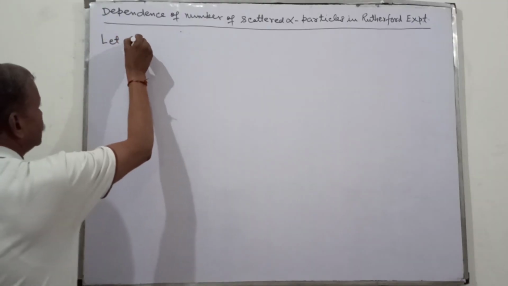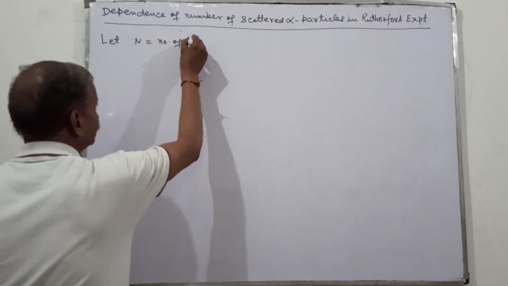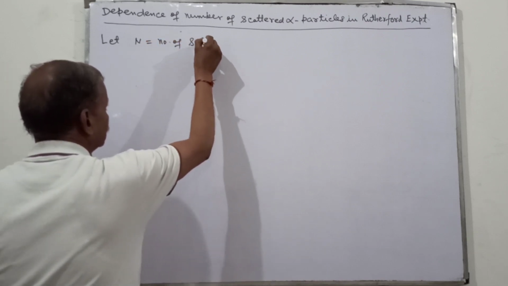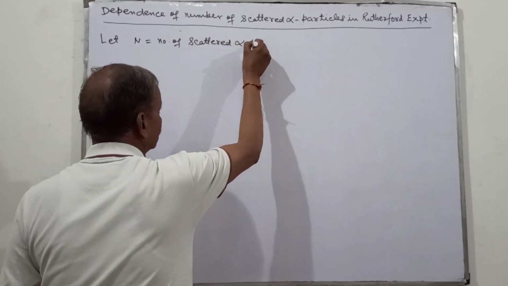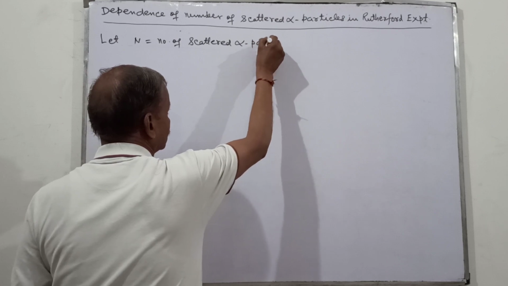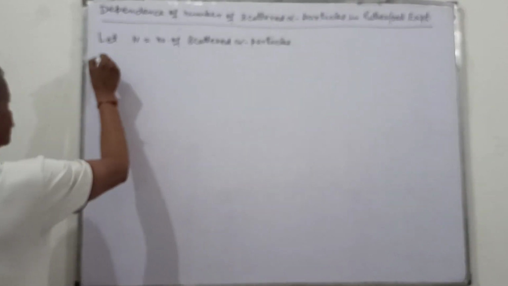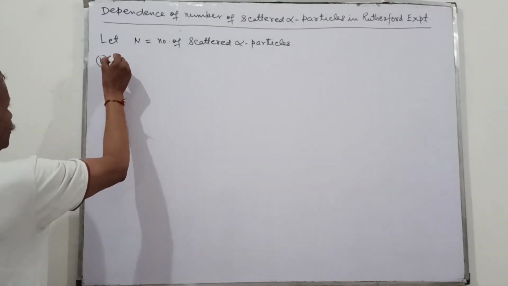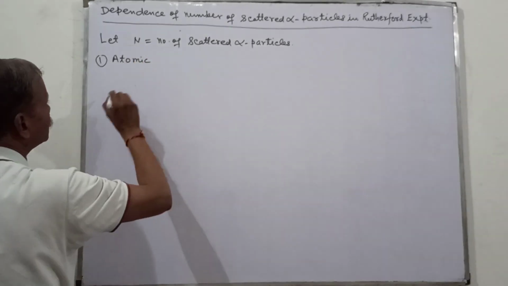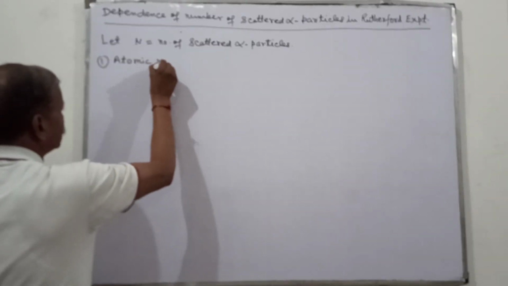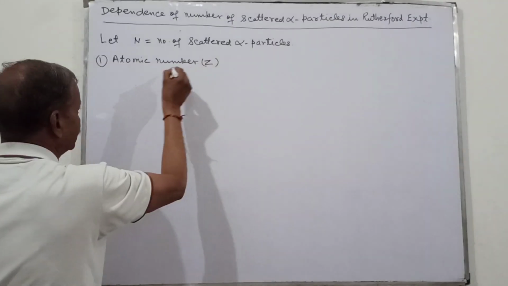Let n equal the number of scattered alpha particles. So the first factor that affects it is the atomic number Z.